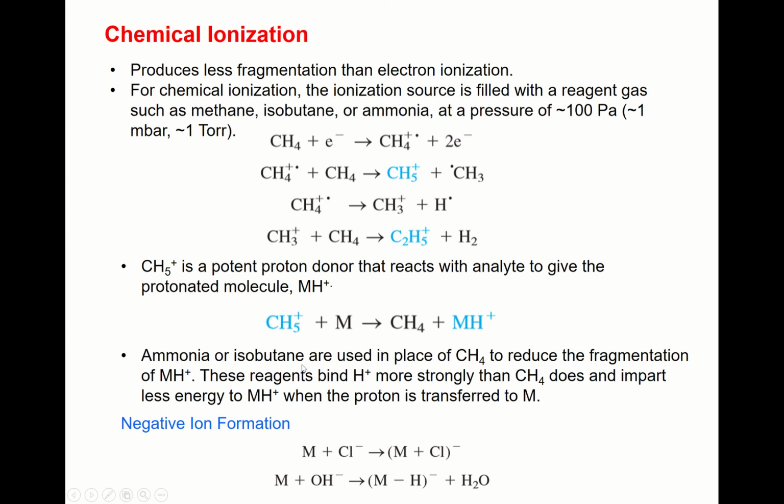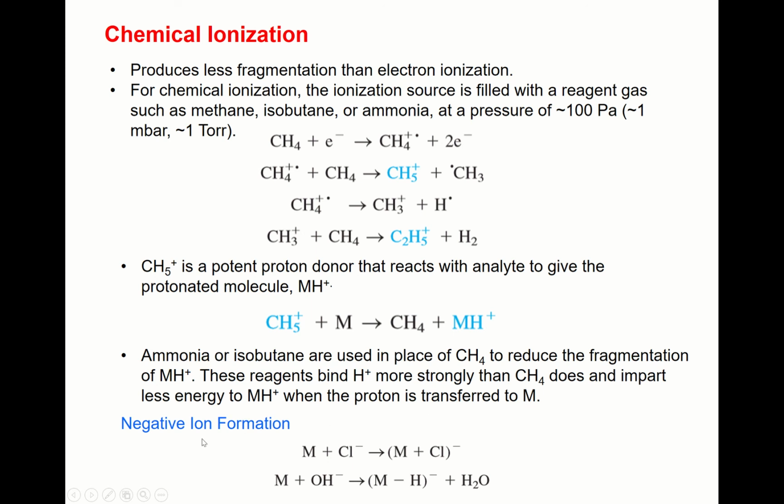Ammonia or isobutane are used in place of methane to reduce the fragmentation. If you use bigger molecules like isobutane or ammonia, the fragmentation is reduced. These reagents bind the protons more strongly than methane does, and impart less energy to the protonated molecule when the proton is transferred to it.